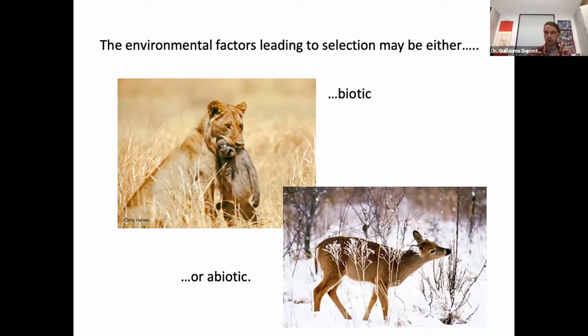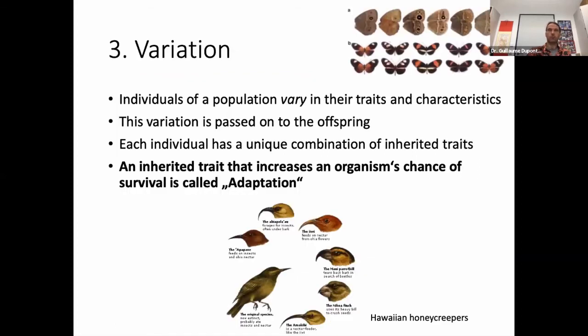It has to browse on these little twigs here because there's no green, fresh biomass being produced. So if an animal is adapted to cope with seasonal changes, then it has a higher chance to survive, obviously. We know that many animals leave the winter, so we have migrating birds who just are not adapted to these conditions and need to leave. So that is then a strategy to cope with this.